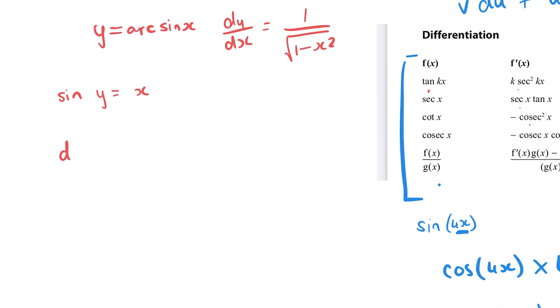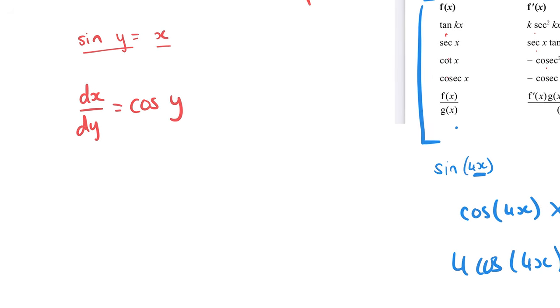Instead of doing dy by dx, I do dx by dy. So dy by dx will be 1 over dx by dy. So dx by dy means essentially I'm differentiating x with respect to y. What's the differential of sine? Differential of sine is cos of y. Now, I don't want dx by dy, I want dy by dx. dy by dx is 1 over cos of y.